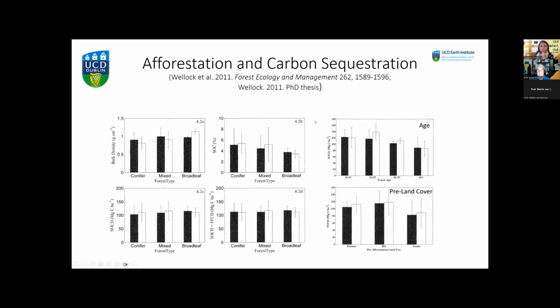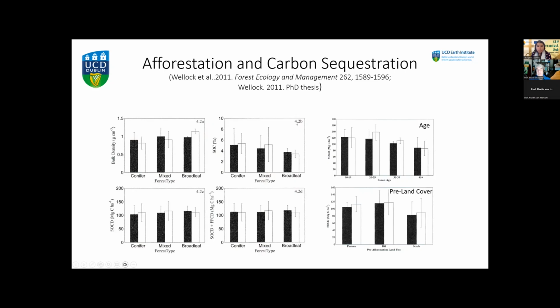And I'll show that in the next slide. But in this slide, the dark histograms, the filled histograms, relate to the situation before afforestation, and the open histograms relate to the situation after afforestation.